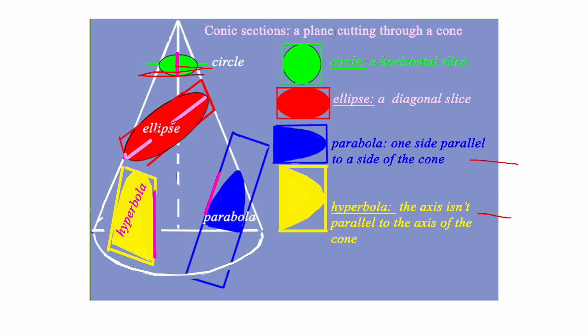An ellipse results when the slice is diagonal. A parabola occurs when one side is parallel to the side of the cone. So this side of the cone is parallel to this side of the parabola. While a hyperbola results when the slice isn't parallel, although it's usually parallel to the axis of the cone.